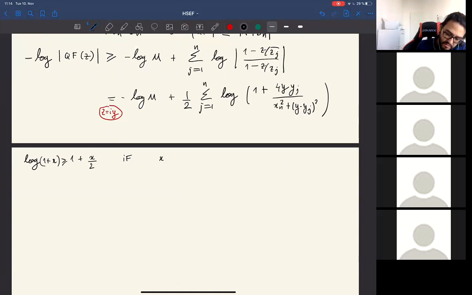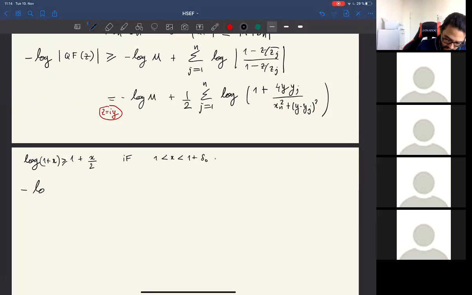If x, let's say, is between 1 and some 1 plus delta 0, which you can compute. The delta 0 is plus 3. Okay. And what happens is, if y is small, this fraction here will be small. So then I can lower bound this.